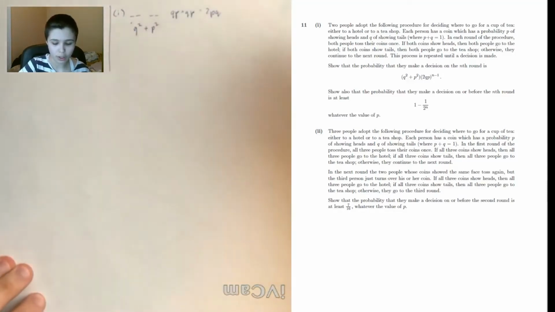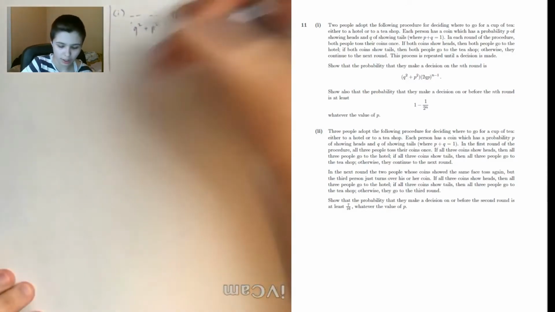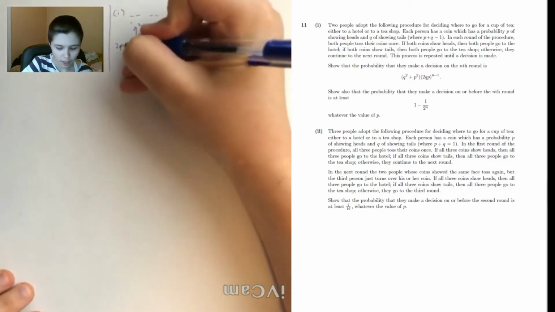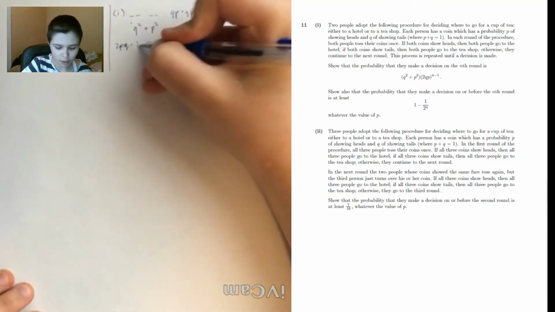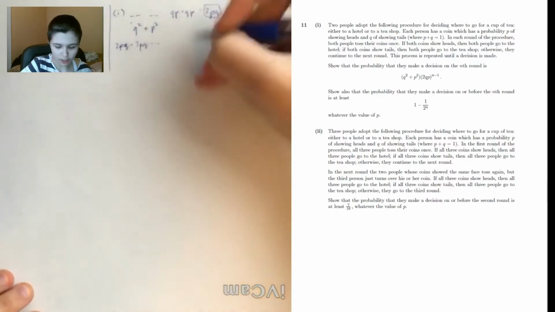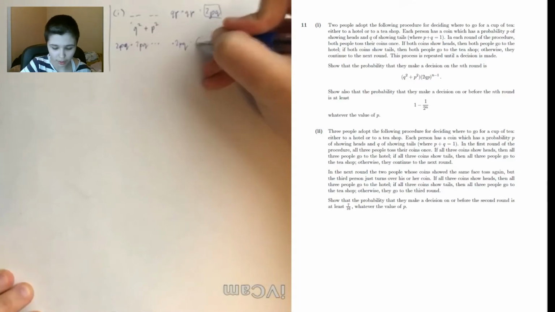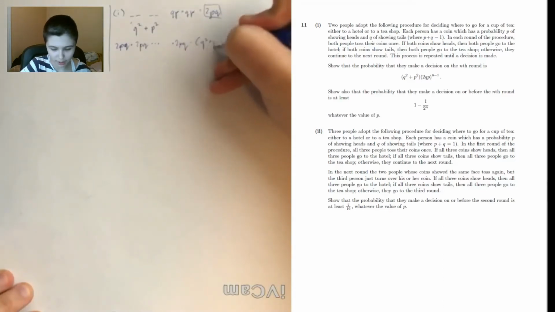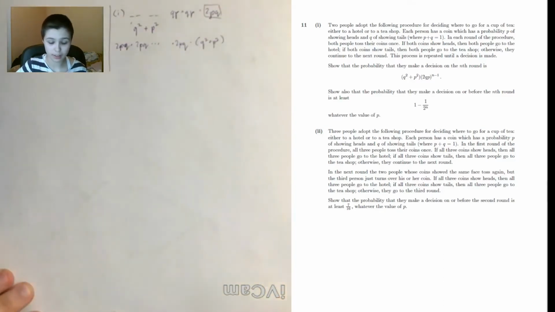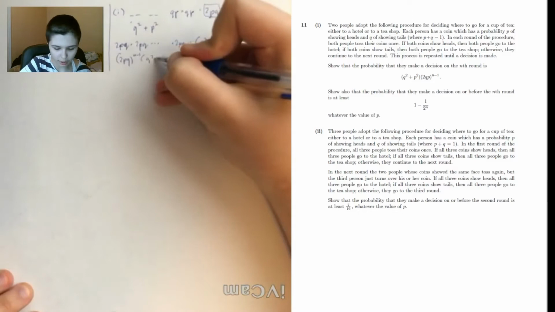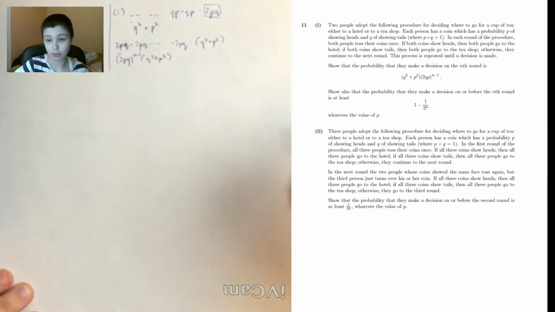And so the probability that for the first round they get different coins is going to be 2PQ, times the probability for the second round, so 2PQ, and so on until the n minus 1 round, where it's still 2PQ. And then on the nth round, we have times q squared plus p squared, because on the nth round the coins are the same, which is (2pq) to the n minus 1 times q squared plus p squared, as required.